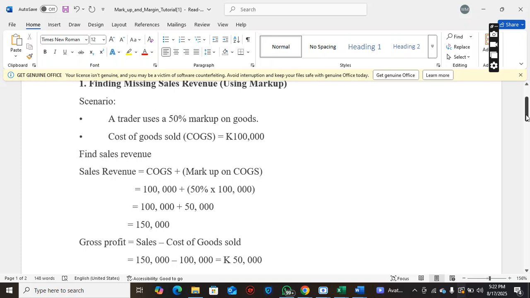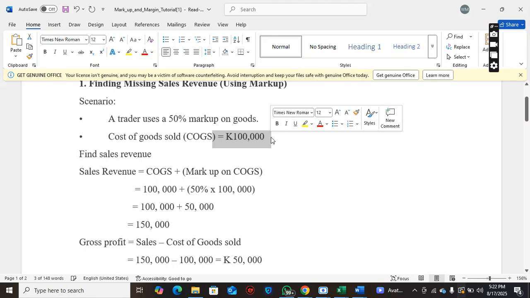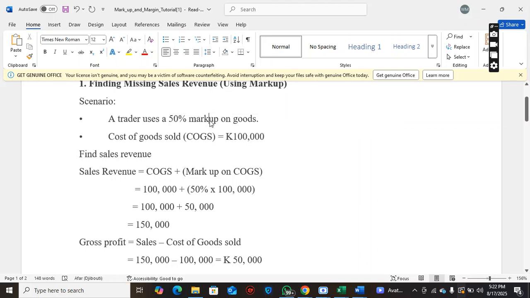As we said, markup is the percentage that is added onto the cost price to determine your selling price. In this case, our cost price is 100,000 and our markup is 50%.